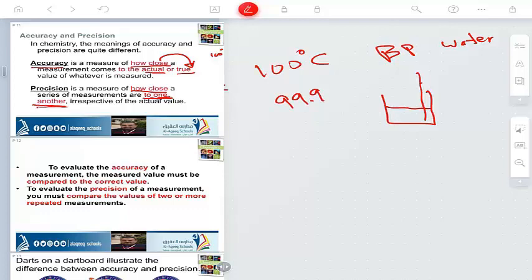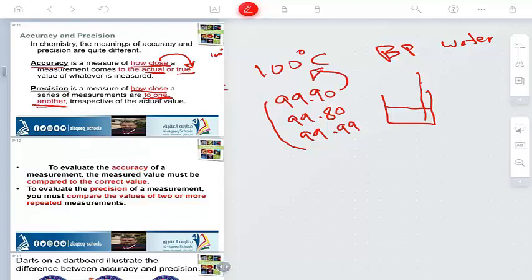Then you repeat the experiment again and you find 99.8. Then you repeat it and you find 99.99, and so on. All of them are very close to each other, yes, and also very close to the true number.